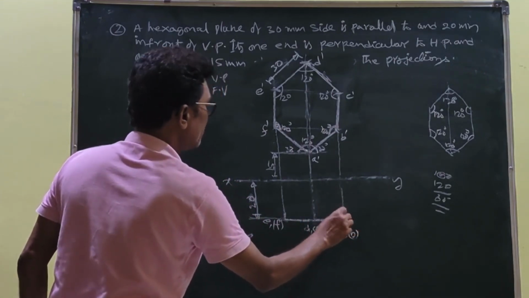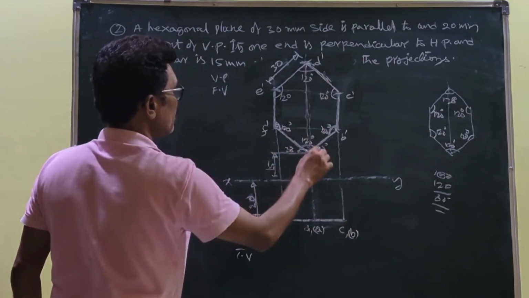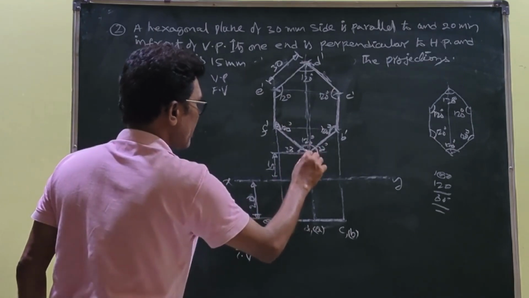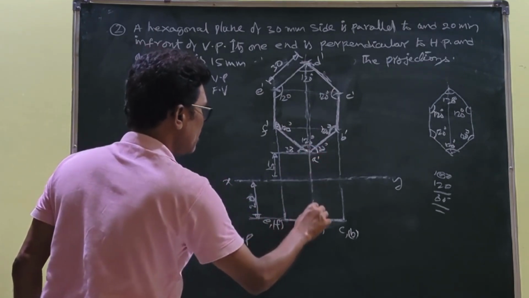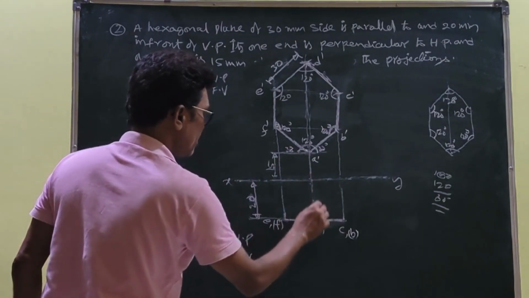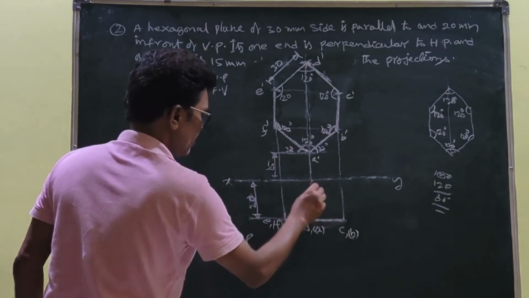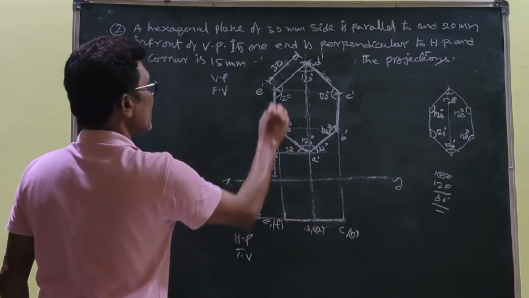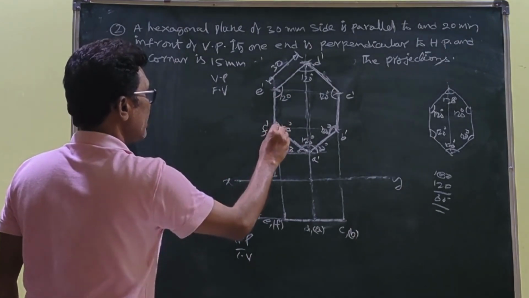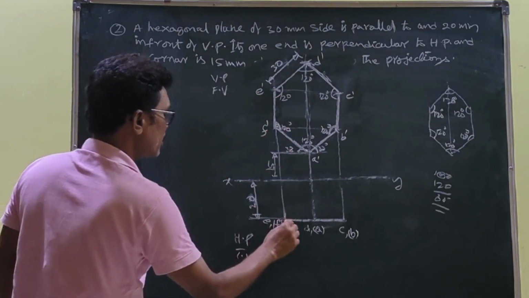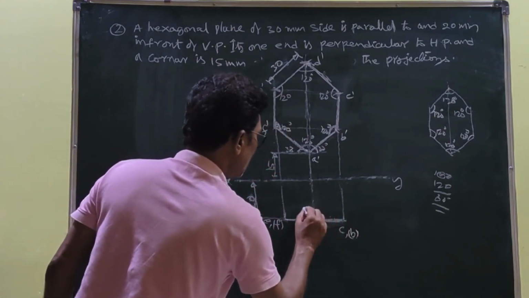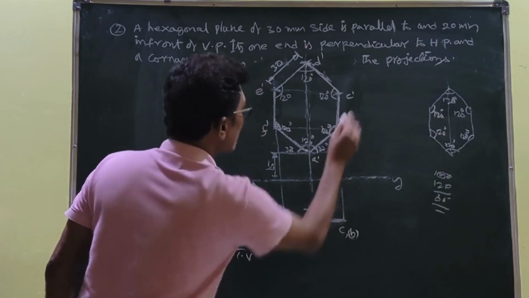Again A dash, D dash passing through the same projector, so you draw a projector. This is 20, already we have drawn this length 20, so this is the point. Again F dash, E dash, they are passing through the same line, so you draw a projector, you join with thick lines. This is the top view, this is the front view.